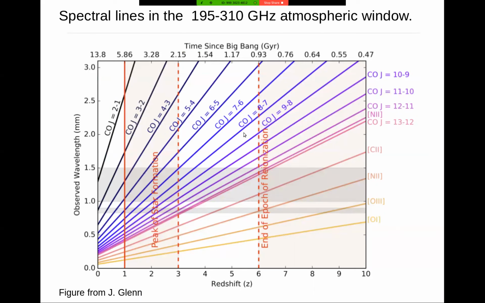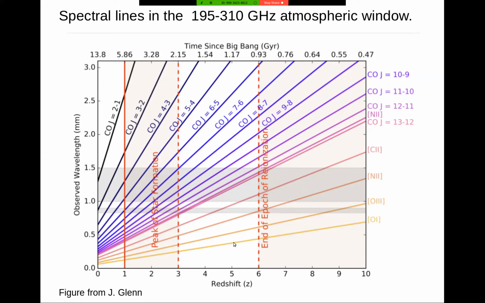And so the ones I'm going to talk about particularly, there's one from roughly 1 to 1.5 millimeters, which is kind of the classical 150 gigahertz CMB band. And then there's one that's at a higher frequency, and then there are more at even higher frequencies, which I won't talk too much about in this presentation.